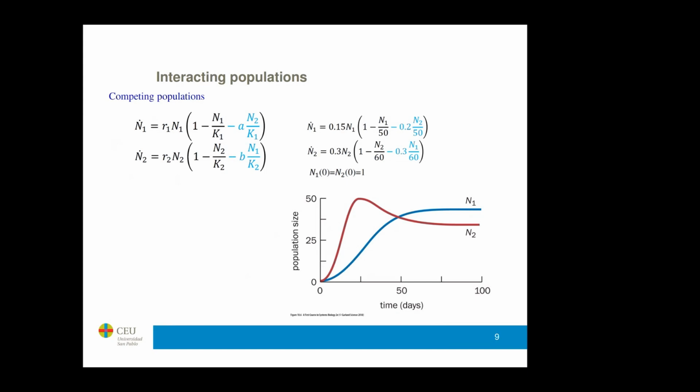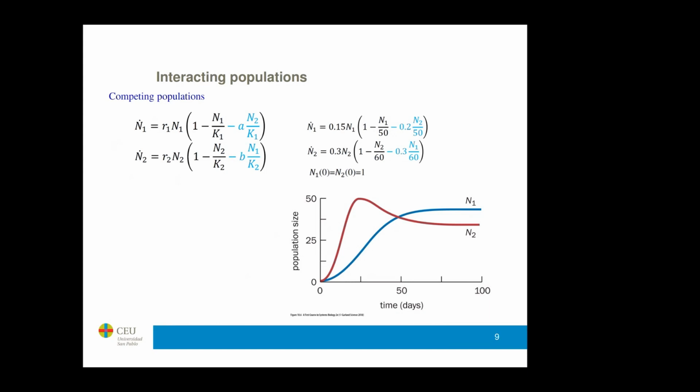Let's say I want to find the curve that makes N1 not change. N1 doesn't change if all this is 0. And this has two solutions. One is N1 equals 0. The other one is all these terms equal 0.